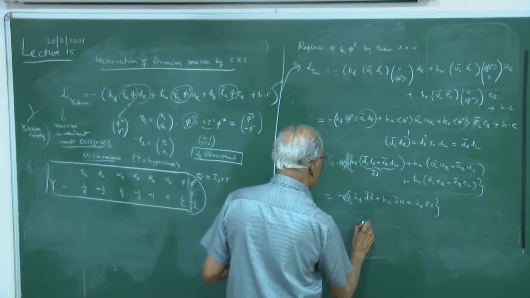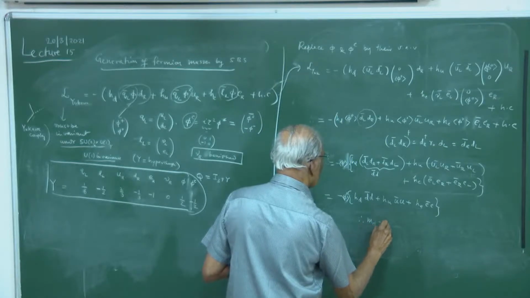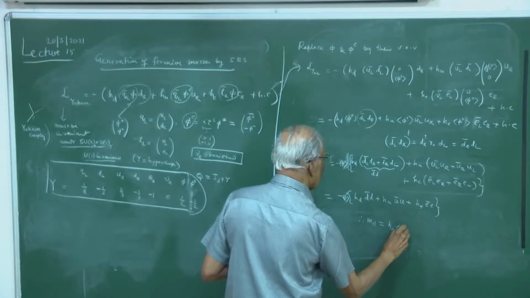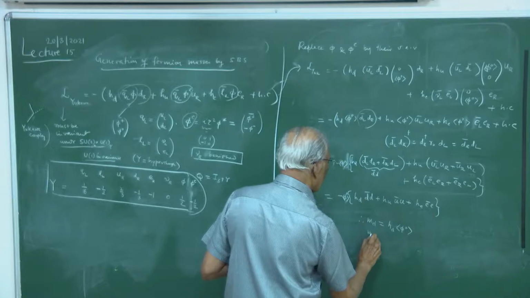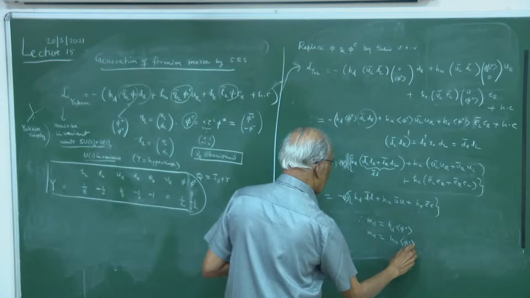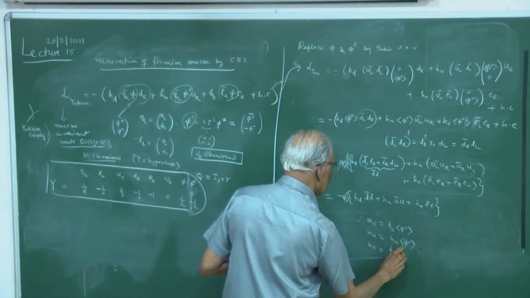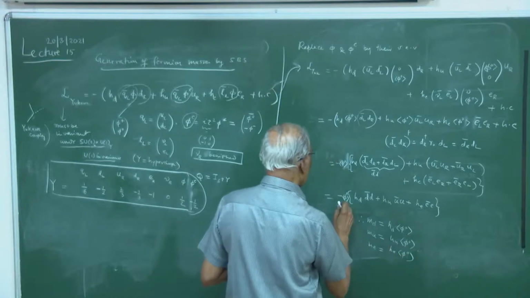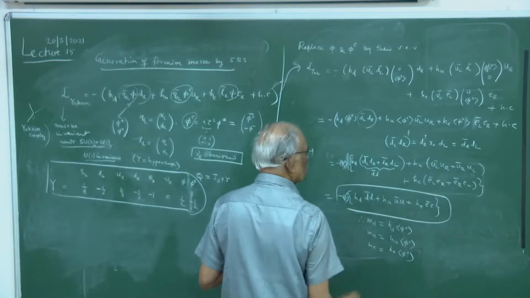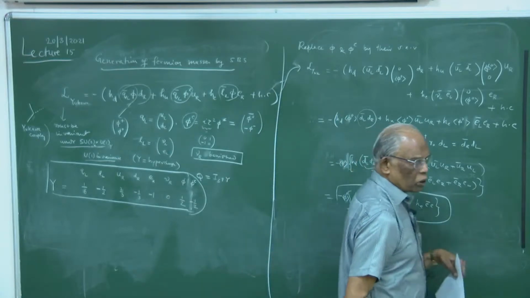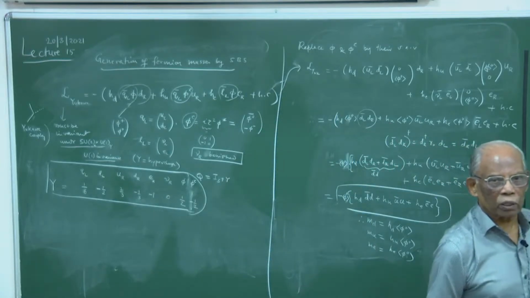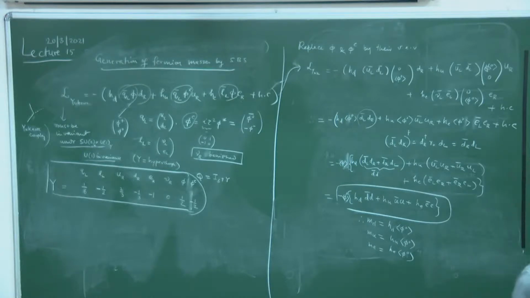Therefore, the mass of the d quark is really the Yukawa coupling times the vacuum expectation value. Similarly for mu and the electron mass. So we have generated the mass terms by spontaneous breakdown of symmetry. It is a non-zero Higgs vacuum expectation value which gives this, and the mass of the fermion is nothing but the vacuum expectation value times the Yukawa coupling.